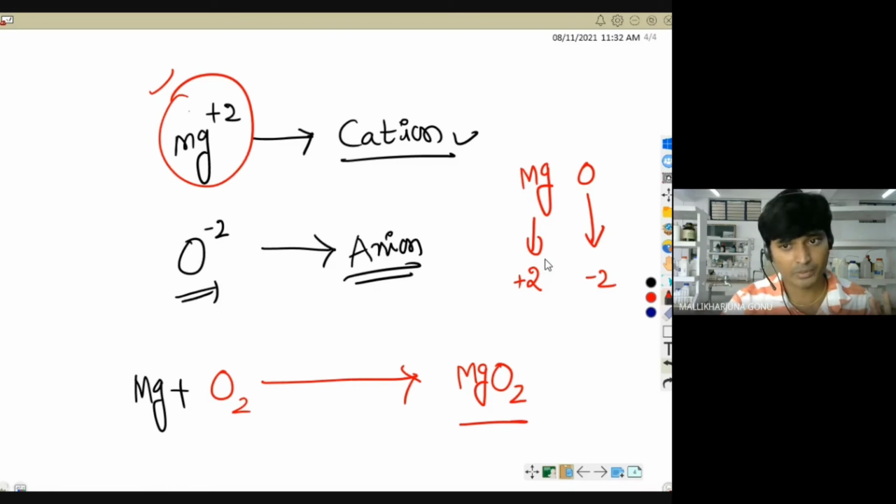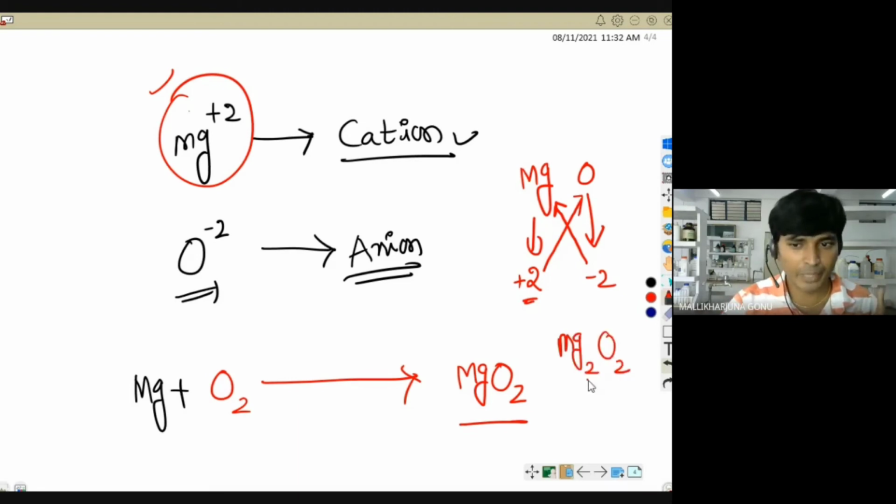This much number should be here, and this much number there. Don't worry about the positive and negative charges, only the numbers. So I have to write Mg2O2. But since the numbers are the same, they will cancel out and you get the formula MgO.